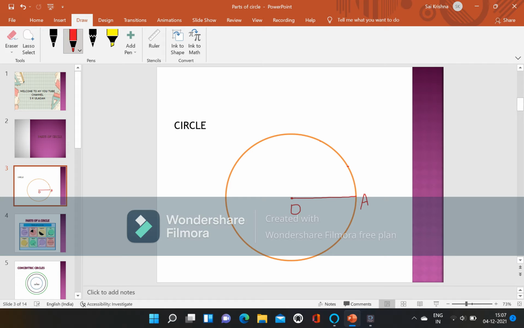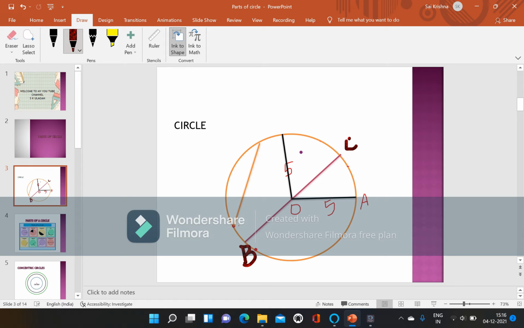So throughout the circle, the radius remains the same. If we draw a circle of 5 centimeter radius, then wherever we measure the distance between the center to any point, the radius remains the same. So the radius is the distance that connects the center to any point on the circle.